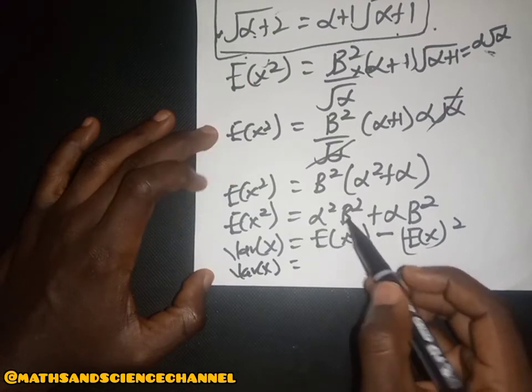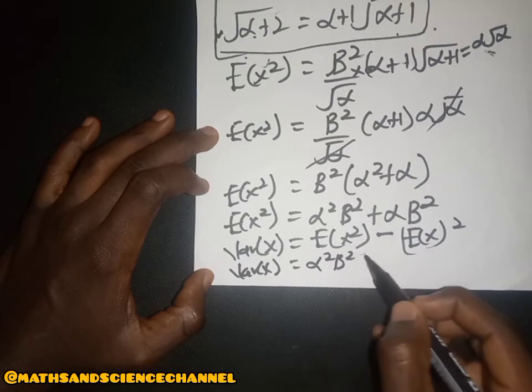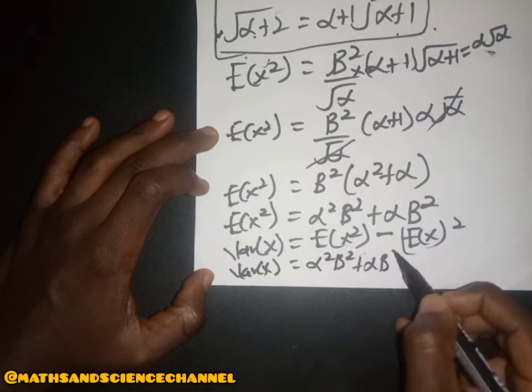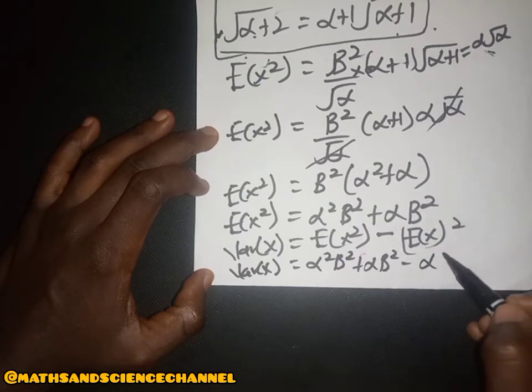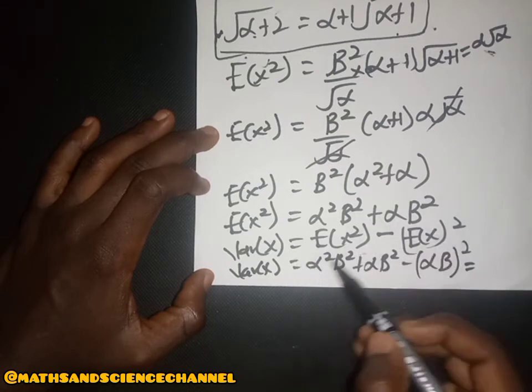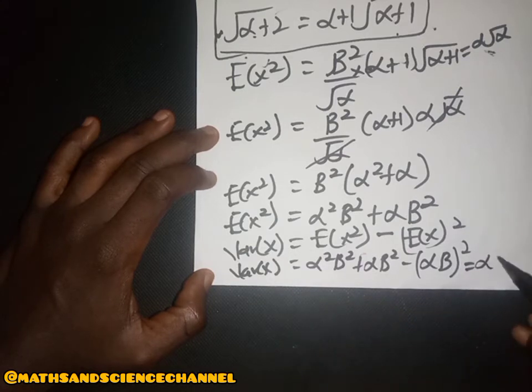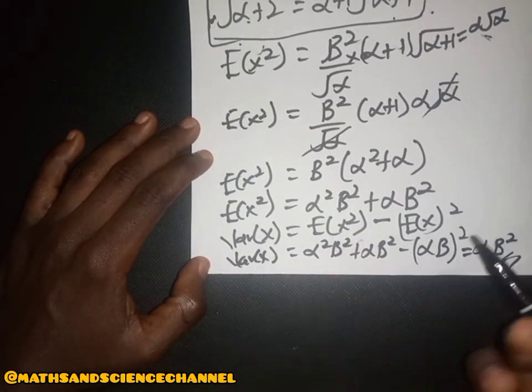From this equation we have alpha squared beta squared plus alpha beta squared, minus, for this part, alpha beta from the first mean. So we square that, and you realize that we have alpha squared beta squared. This will get rid of that, and our variance of X is just going to be alpha beta squared.